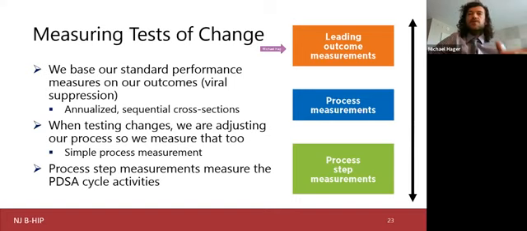But the question remains, what goes into those process measures? I can talk about screening, but what goes into screening? What are the components of screening and a screening program at each of our clinics?